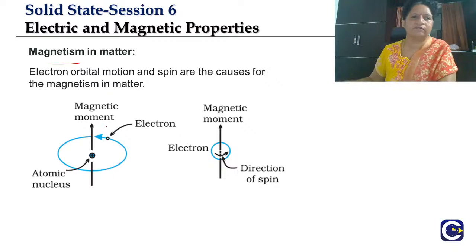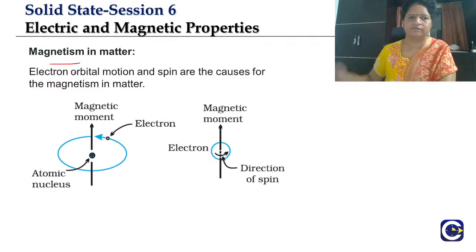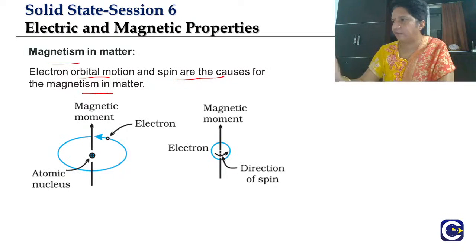Yes, magnetism. We know that when an electron is moving around the nucleus, it orbits in its position. Electron orbital motion and spin are the causes of magnetism. In chemical bonding, we took the difference in charge separation between the charges, and we called it the dipole moment.